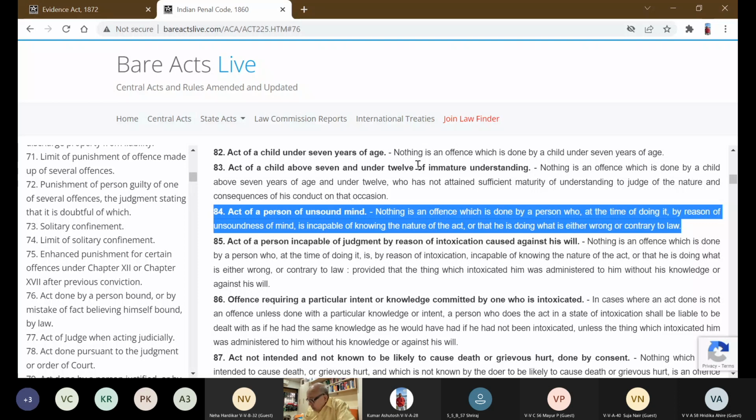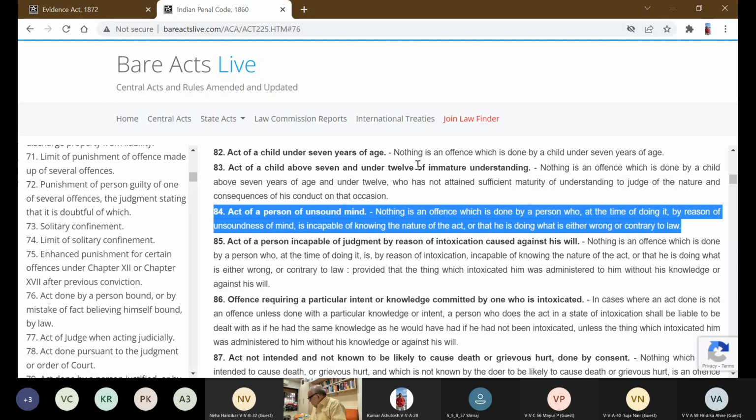I mean, it must be the other fact, the facts which are trying to criticize or maybe appreciate the opinion. Facts not otherwise relevant, like in section 11, alibi evidence: facts which are not otherwise relevant become relevant.